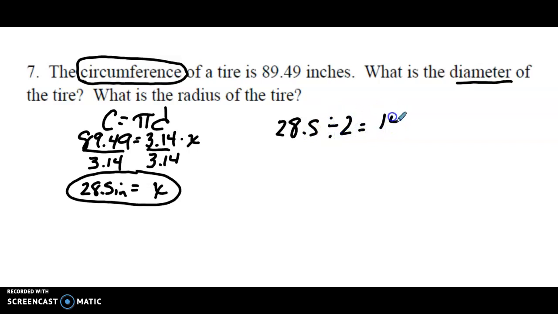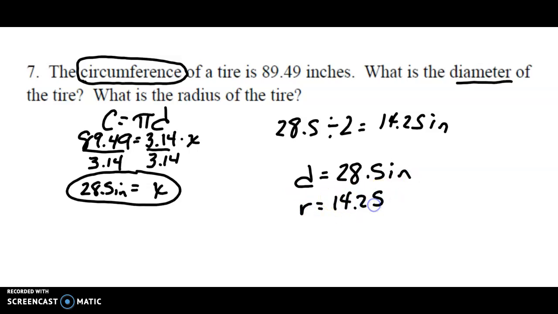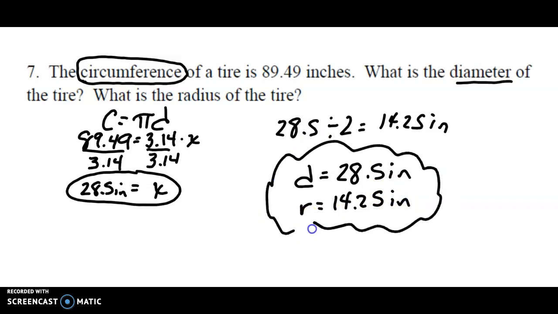And that's going to be 14.25 inches. So to summarize here, we found the diameter first. The diameter was 28.5 inches. And then we found the radius second, because that's half of it, and that would be 14.25 inches. So this here would be the answer to the word problem.